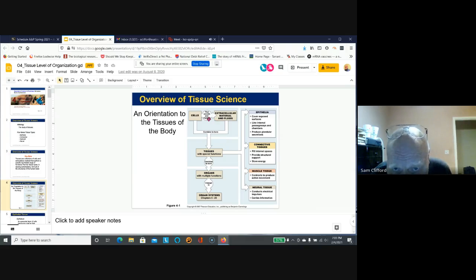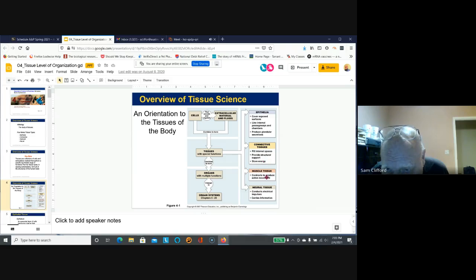If we look at all of the types of tissue: epithelial tissue covers the skin and lines the gut and glands. Connective tissue fills internal spaces and provides structural support; fat stores energy.